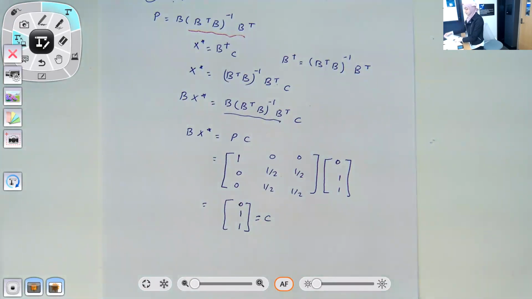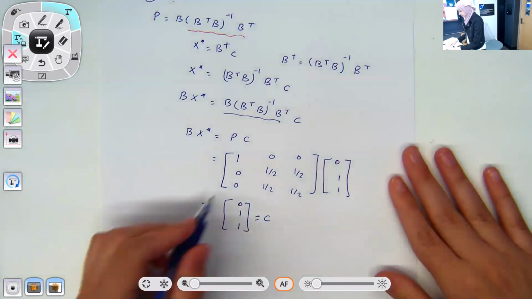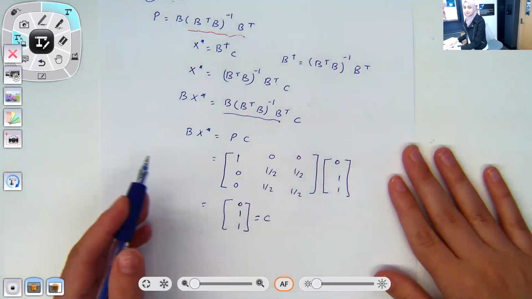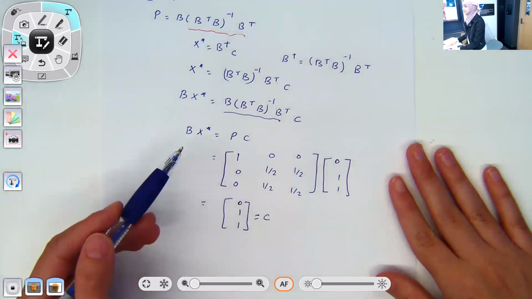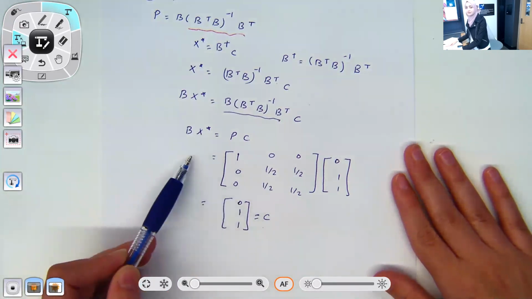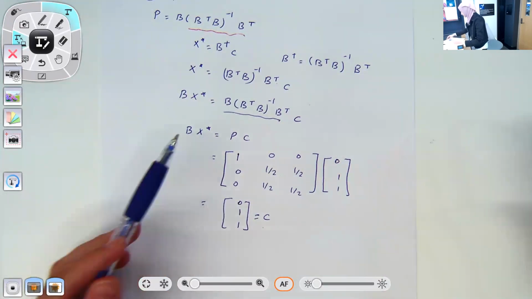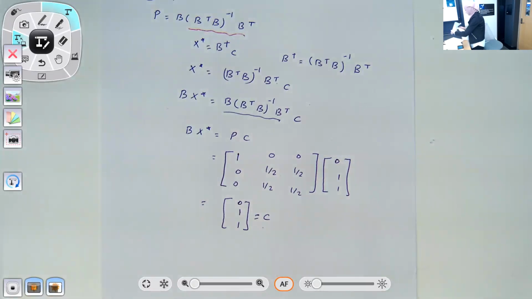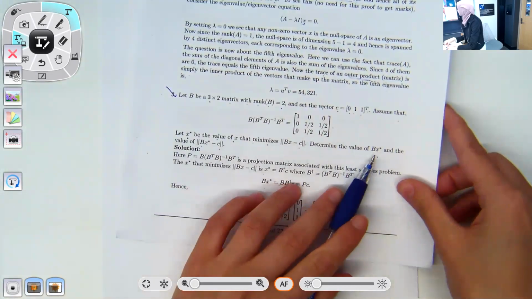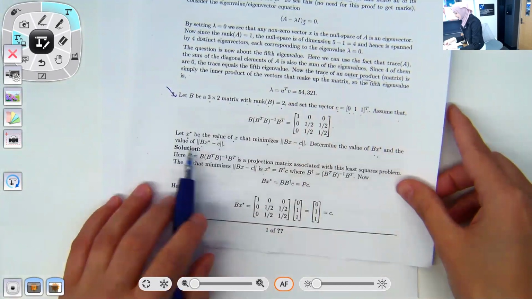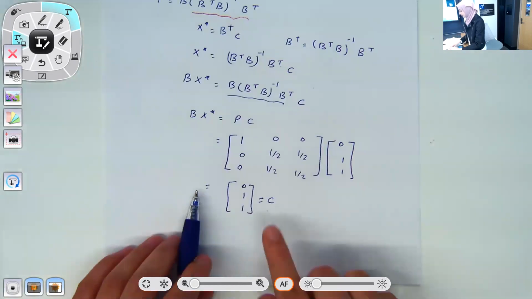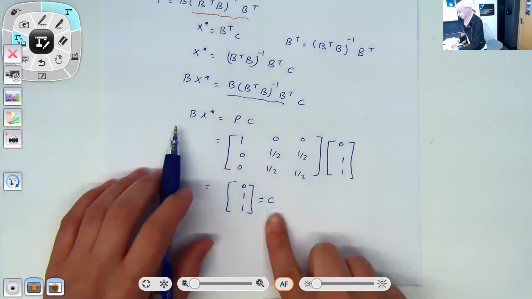If you found the solution correctly, finding the norm of Bx star minus C is easy. Why? Because now you know that the value of C is the same as the value of Bx star. They ask you to determine the value of Bx star and the value of the norm of Bx star minus C. And we get here that the value of C equals the value of Bx star.